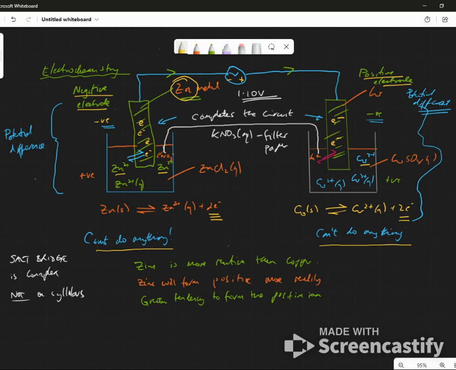We will never know what they are. So what we have to do is a bit of a cheat. We say, I don't know what they are, but I'm going to get a standard electrode potential, and I'm going to measure everything relative to that.